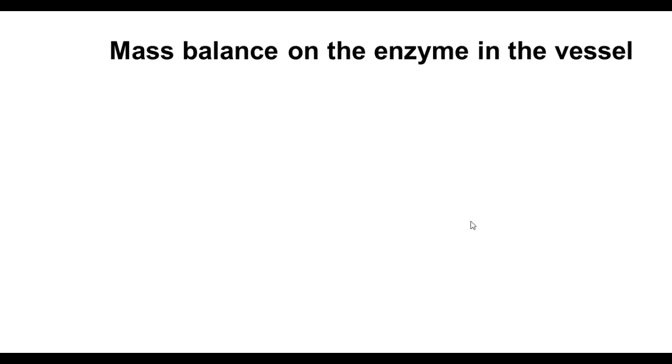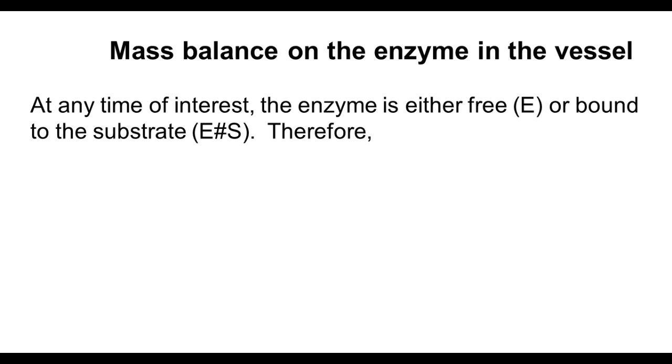Now let us write a mass balance on the enzyme in the vessel. Earlier we wrote a mass balance on the product. Now let us write a mass balance on the enzyme. At any time of interest, the enzyme is either free or bound as the enzyme substrate complex, as we had viewed in our mechanism. Therefore, the mass of the total enzyme, ET, is the concentration of the total enzyme times the volume.